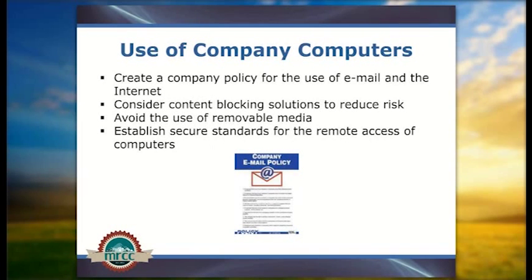Use of company computers. Create a company policy for the use of email and the Internet, and consider content blocking solutions to reduce risk. Now, a lot of intelligent appliances that exist today, and even some done in firewalls, have very flexible content blocking solutions, which means you're not blocking all sites so people can't look at the weather or the news or general information.